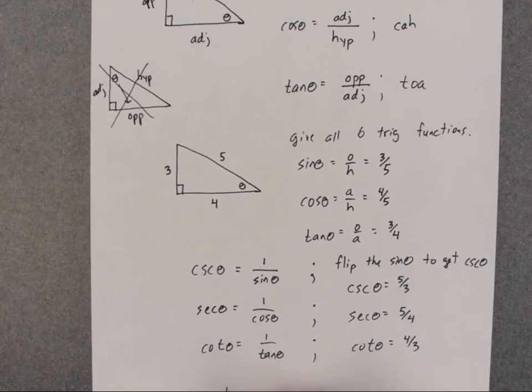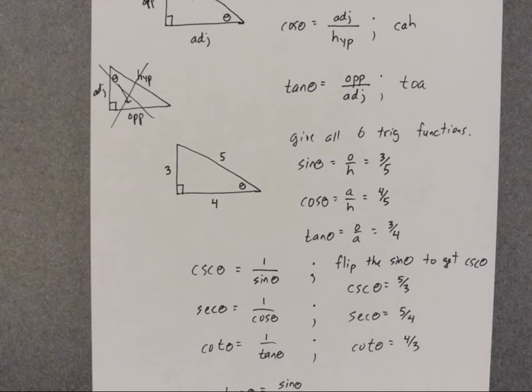Well, as it turns out, the tangent of theta is always going to be a ratio or a fraction of sine over cosine. That is a very, very useful fact that gets used all the time. The tangent equals the sine over the cosine.